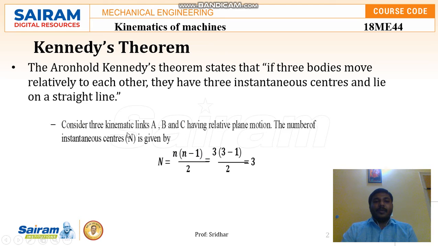For Kennedy's theorem, n is 3, because there are three bodies having relative motion to each other.